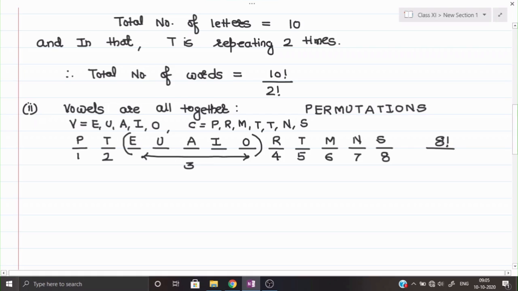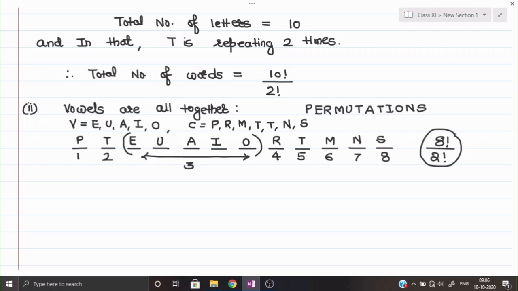Only one letter is repeating, that is T 2 times. So factorial 2 will come. This is your answer. But this answer is a little incomplete. Factorial 8 upon factorial 2 gives you the words where all the vowels are coming together, but there is one small mistake.